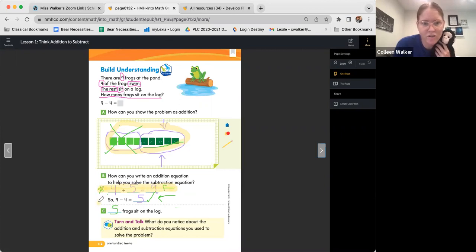But this one underneath shows how to take away from the total. So awesome, friends. All right, let's go ahead and turn the page.